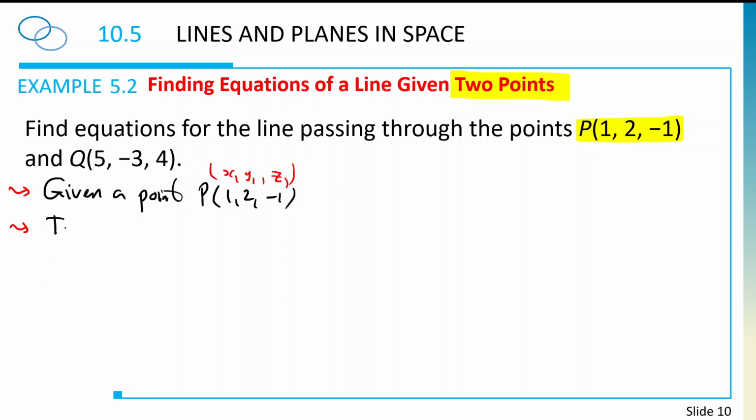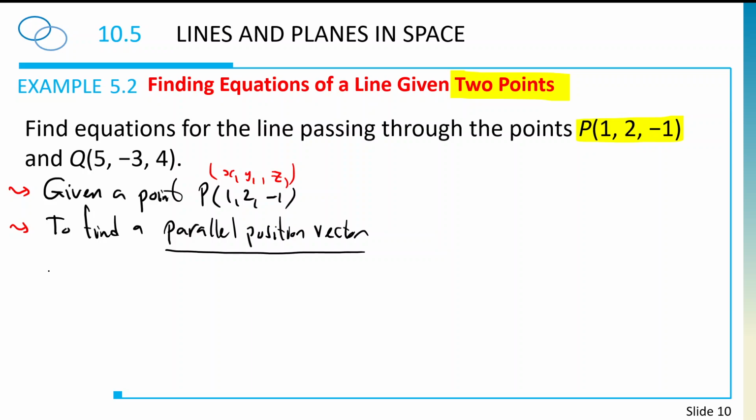How do we find the parallel position vector? I'll use PQ. Remember, we always take terminal minus initial. So PQ will be (4, -5, 5).